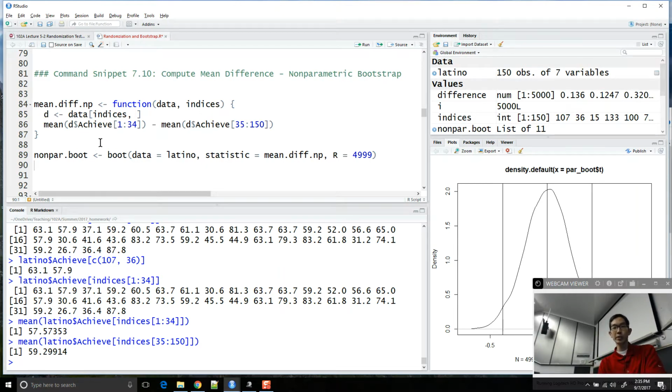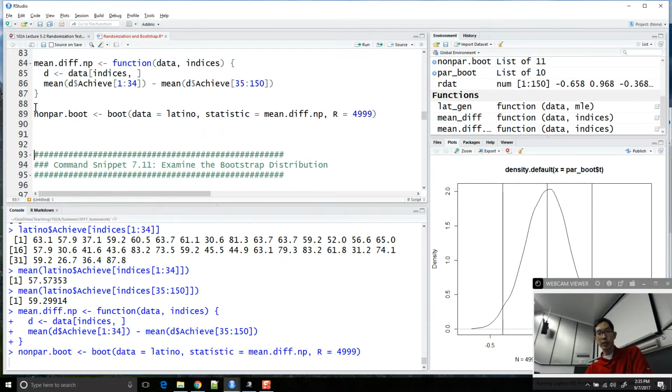We are resampling our sample using this. We define this by saying D is going to be the data that we have, as indicated by these indices. Then we take the first 34 achievement values, subtracting off the last 116 achievement values.